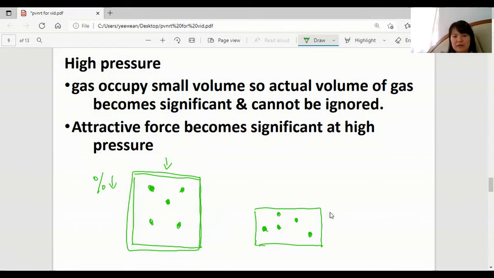Okay, now there is a smaller container. So the pressure is higher here. And the volume that these particles have compared to the volume of the container is now at a higher percentage. So this is less ideal because the volume cannot be neglected anymore. So at higher pressure, gases are less ideal, or it deviates from being ideal.